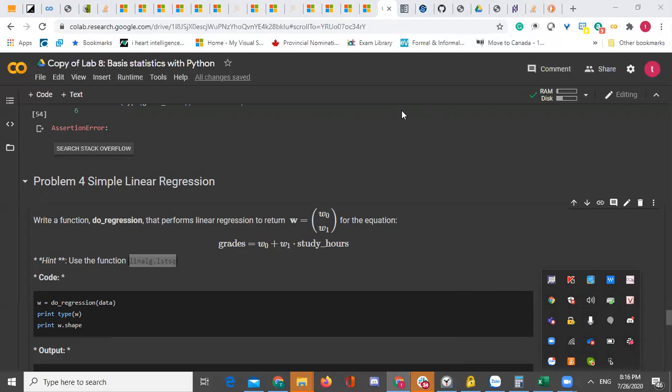Do you know why the matrix has ones in the first column? Oh, because the function takes it. No, because in the equation you have a constant term, W0. As it is a constant term, you have just one everywhere.